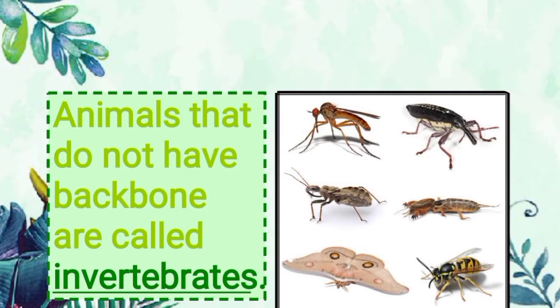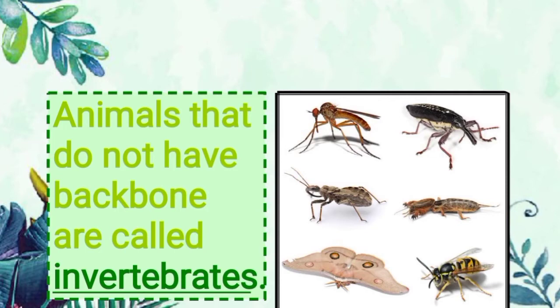Invertebrates come in all different shapes and sizes. Animals that do not have a backbone are called invertebrates. For example, insects such as cockroach and ant, and worms, and animals such as slug and snail.